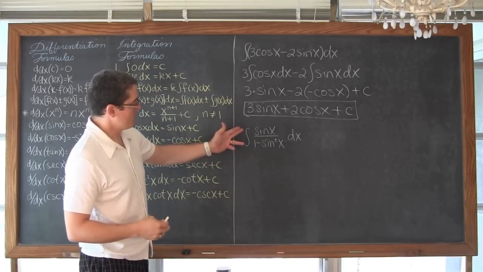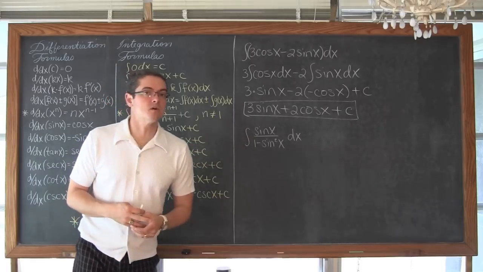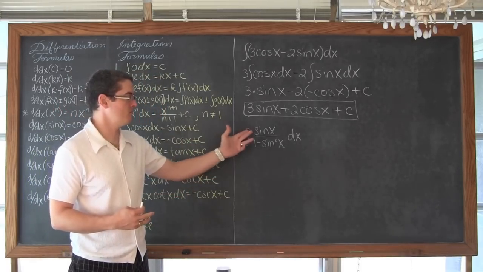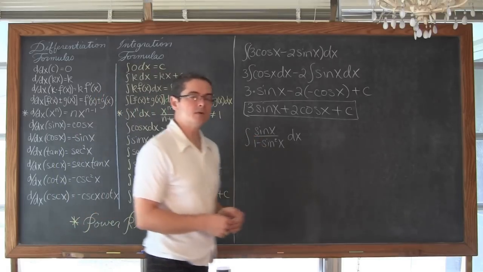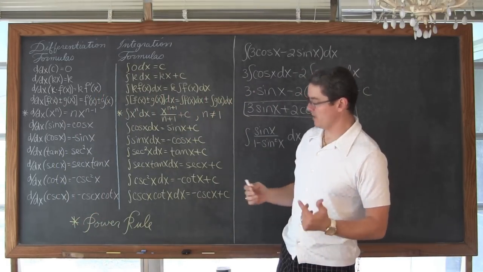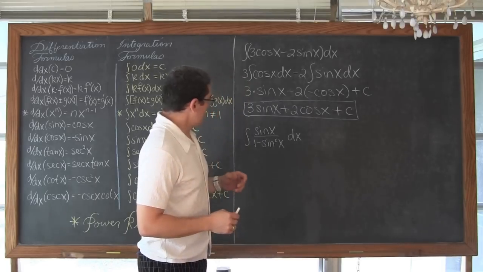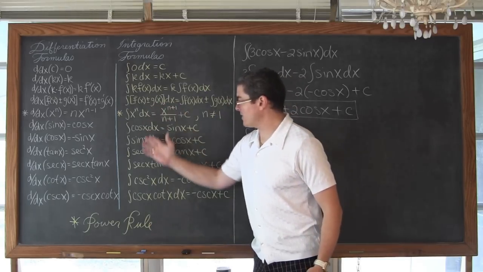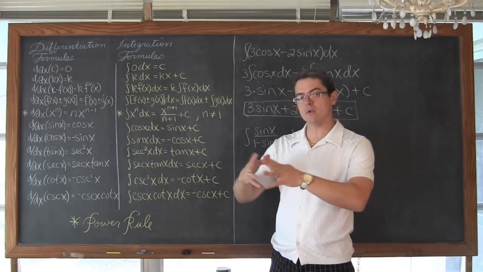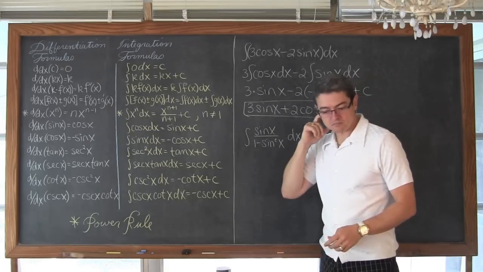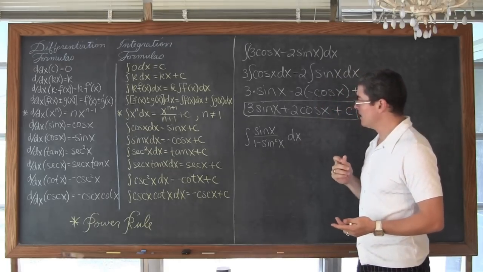Now we want to find the antiderivative of sine of x over 1 minus sine squared x. And we've already discussed how there's no quotient rule in our list of general integration formulas. So if we can't get this to exactly match something we have over here, or that we can separate into separate terms, we're going to have a problem.